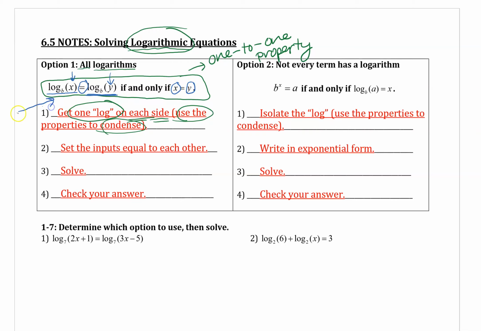These log expressions could be thought of as the outputs, or the y values, of the log function. If the two outputs are the same, the only way that makes sense is if the inputs are the same, because the log function is one-to-one.